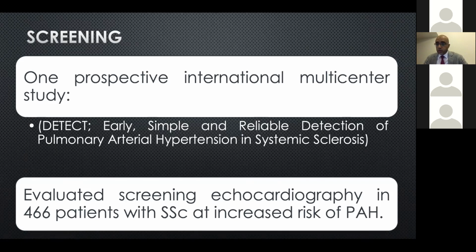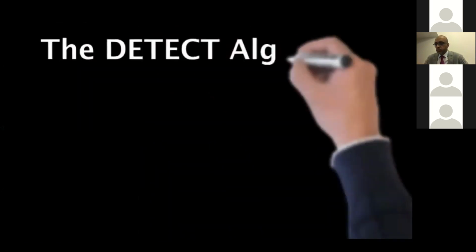This is a very good multi-center, international trial that measured different parameters and confirmed their validity to be used as a screening tool or algorithm for patients with pulmonary artery hypertension.